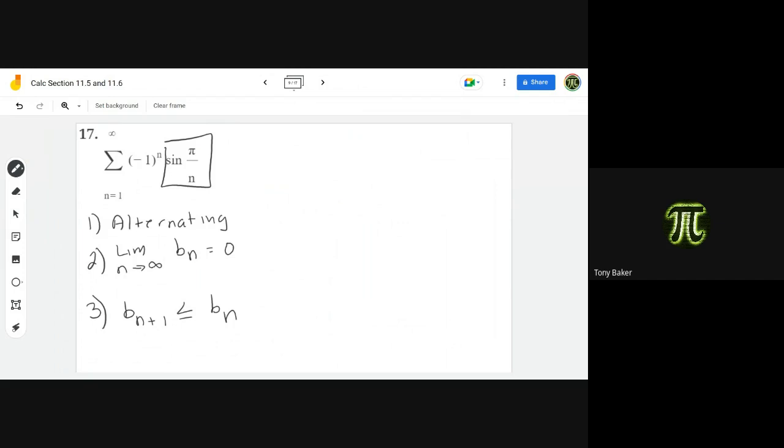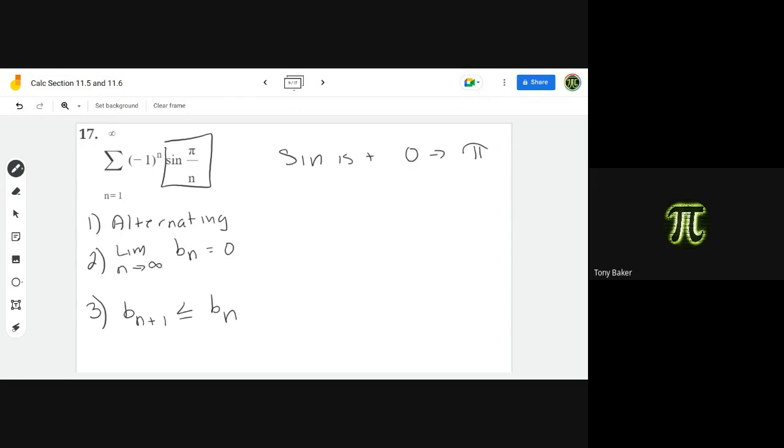So where is sine positive? Sine is positive between 0 and pi. So if n is 1, this is 0, correct?